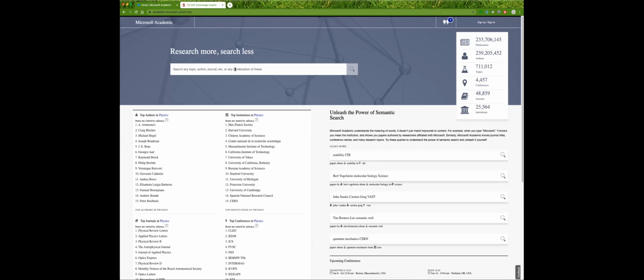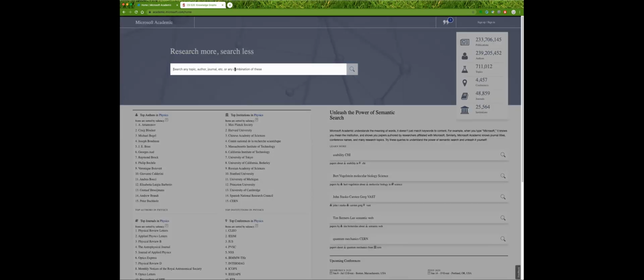You should be able to see the Microsoft Academic search system. By semantic search experience, I mean you can input any entity that you are interested in: topics, authors, institutions, journals, conferences, or any combination of them.